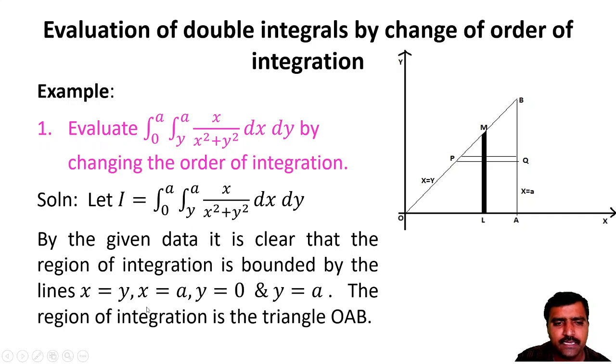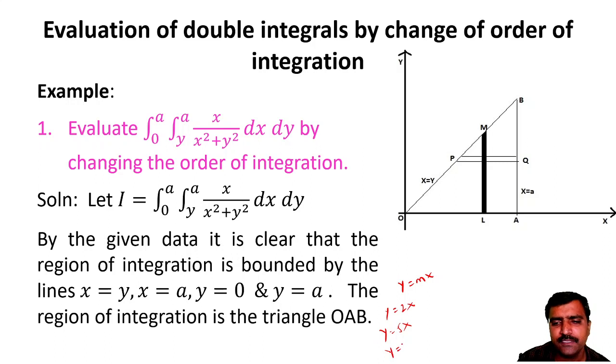Now the region: if you draw this, what is y is equal to x? Y is equal to x is a straight line passing through the origin. Any straight line in the form y is equal to mx passes through the origin. For example, y is equal to 2x and y is equal to 5x are straight lines passing through the origin.